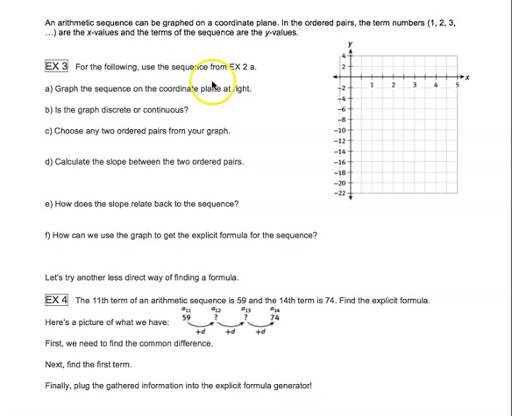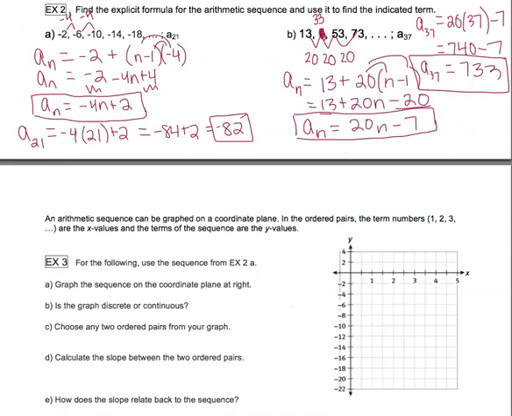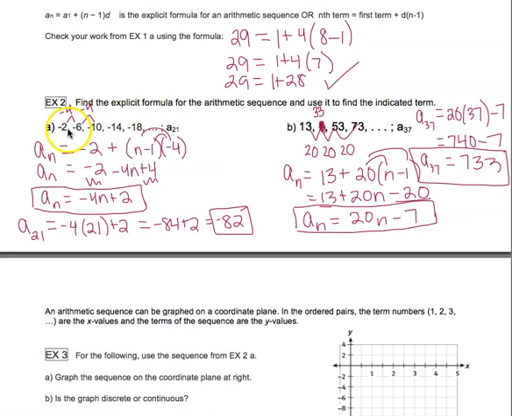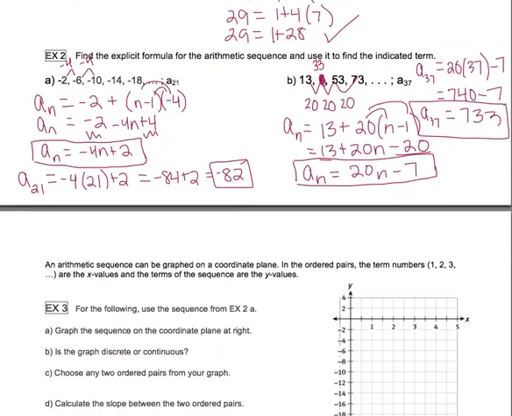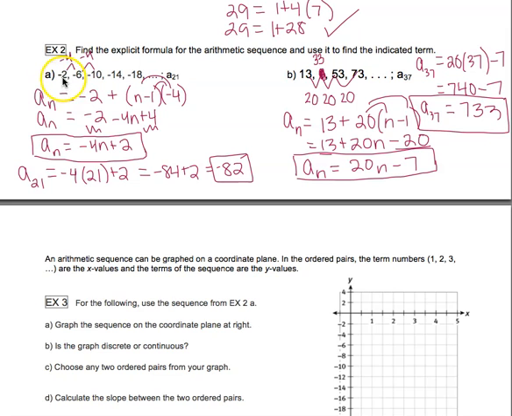So we're going to use that to graph the sequence from example 2, part A. So I've got -2, -6, -10. Those are my y's. Remember that the x's that go with them are the term numbers. So 1, 2, 3, 4, so on and so forth. So the first point I need to plot is 1, -2. So 1, -2 goes right here.